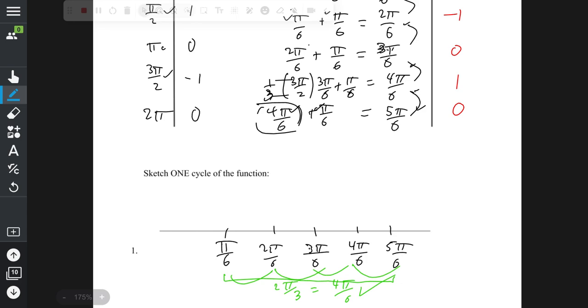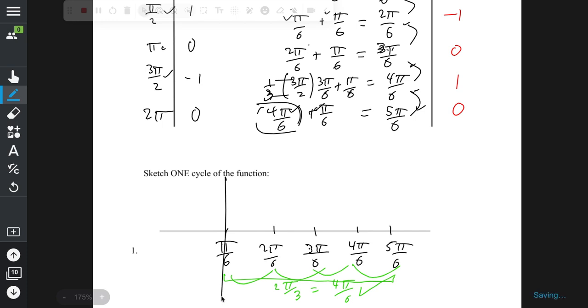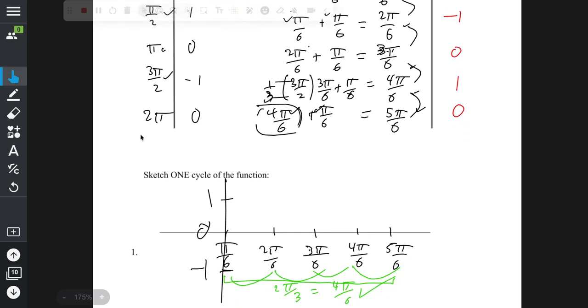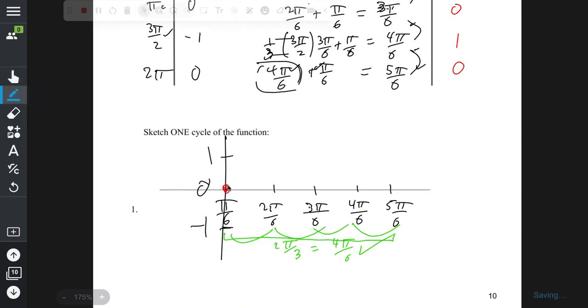And the y values are going to be 1, 0, and negative 1. So our first y value starts at 0, goes down to negative 1, 0, 2 pi over 6, negative 1, 3 pi over 6, 0, 4 pi over 6.